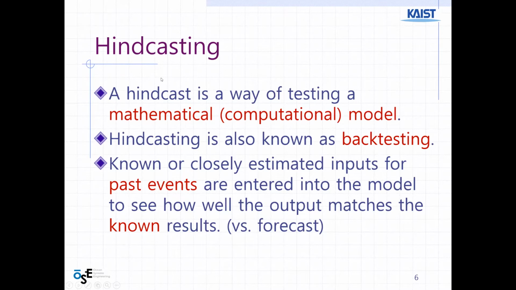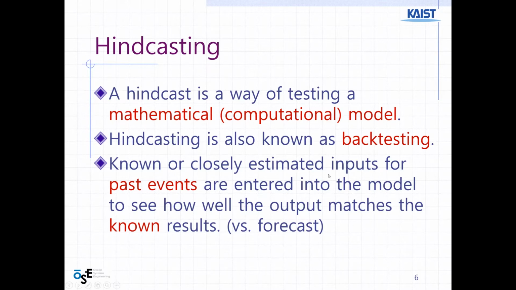First, hindcasting is a way of testing a mathematical model, and hindcasting is also known as backtesting. Forecasting is estimating the future, and hindcasting is testing the model with past data.